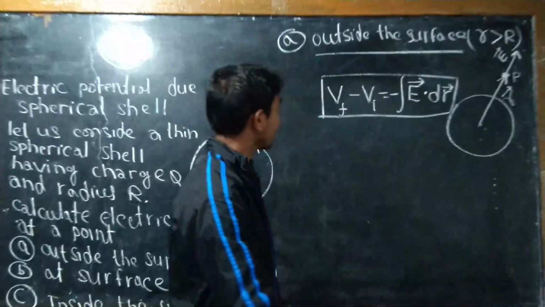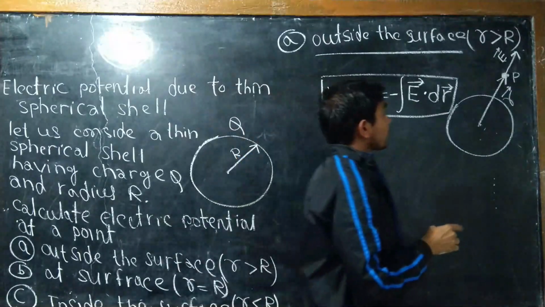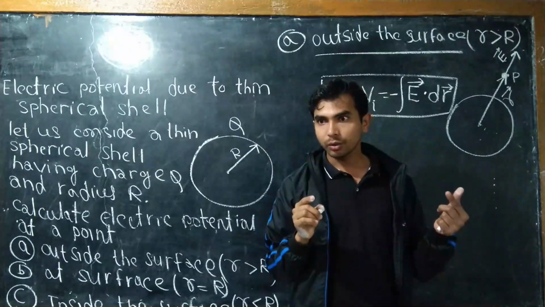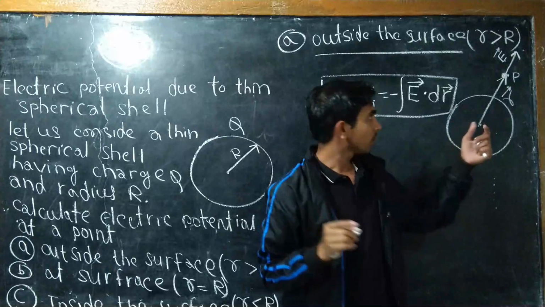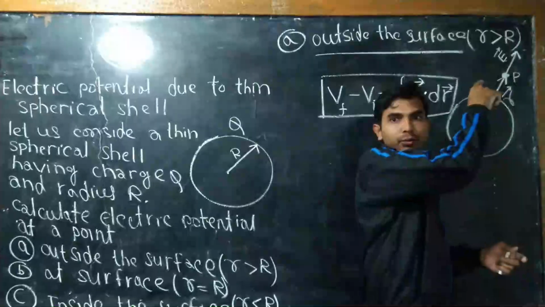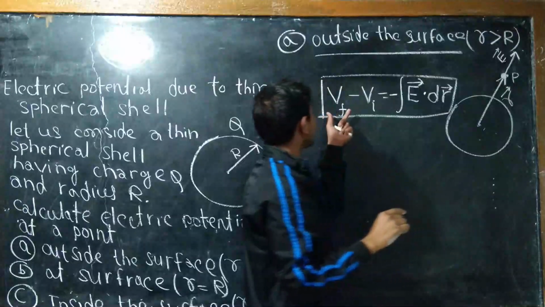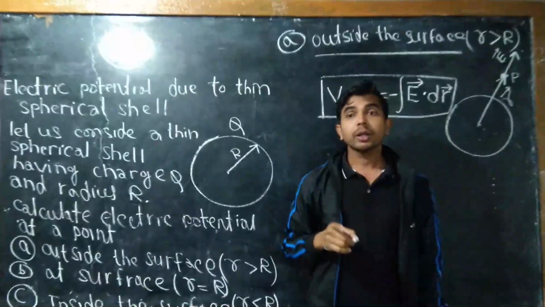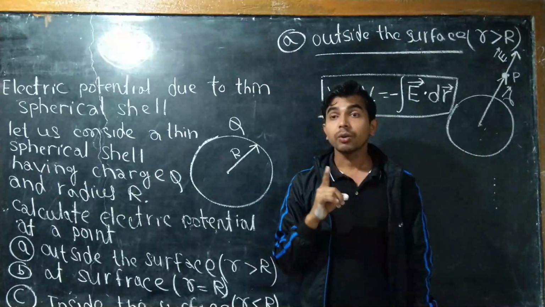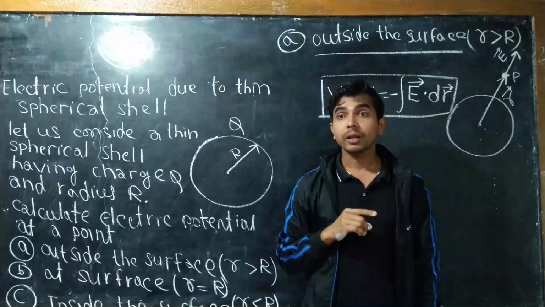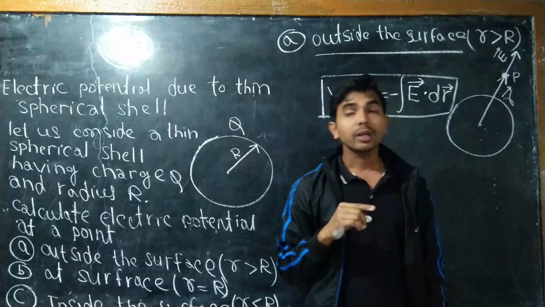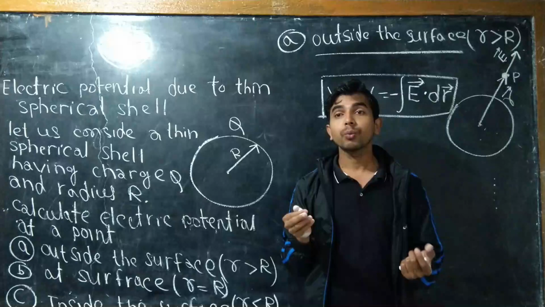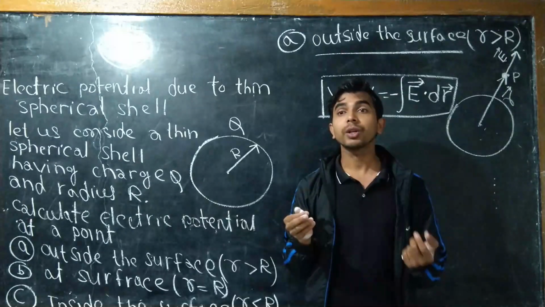Now suppose I am bringing a unit positive charge from infinity to this point. That means the initial position was at infinity. In the first lecture, you wrote the definition of electric potential: the work done required to bring a unit positive charge from infinity to that point.